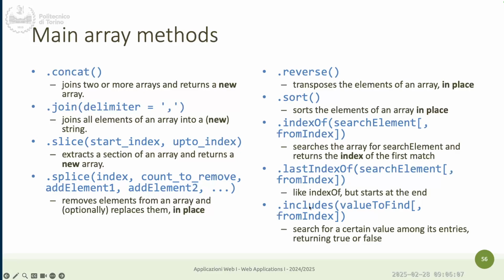Well, there are then search methods for finding the index of an element. It finds the first or the last occurrence of an element if, of course, the element is present. And if you just want to check whether an element is contained or not without caring about the position, we have includes, which finds a value and tells you true or false whether the element is inside or not.